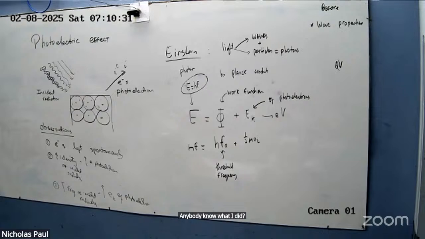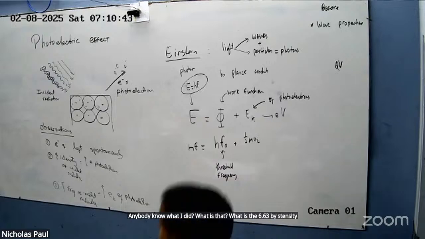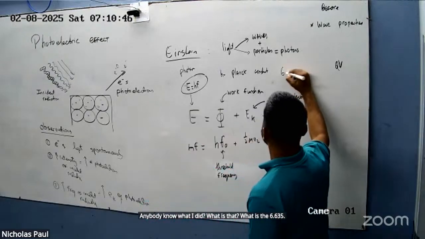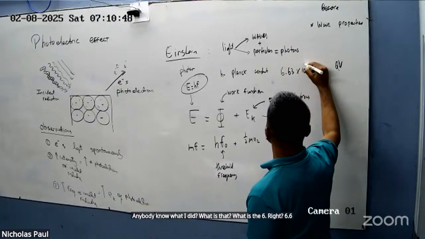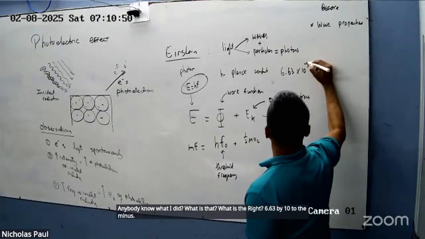Ask William, what is the value for the Planck constant? 6.63 by 10 to the minus 34.